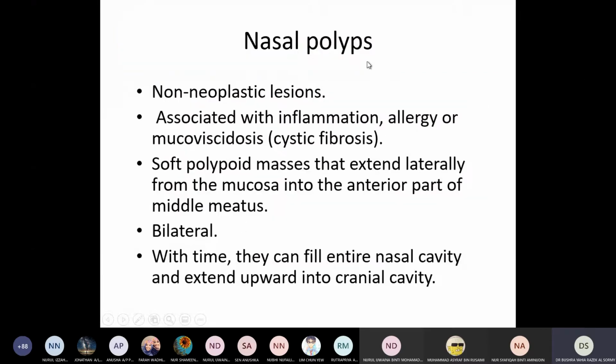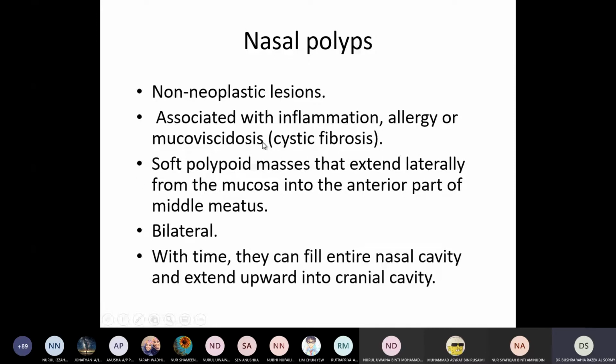So we start with the nasal polyp. It is a non-neoplastic lesion. I give nasal polyp because it is most common, associated with inflammation and also allergy or mucoviscidosis, like in cystic fibrosis.